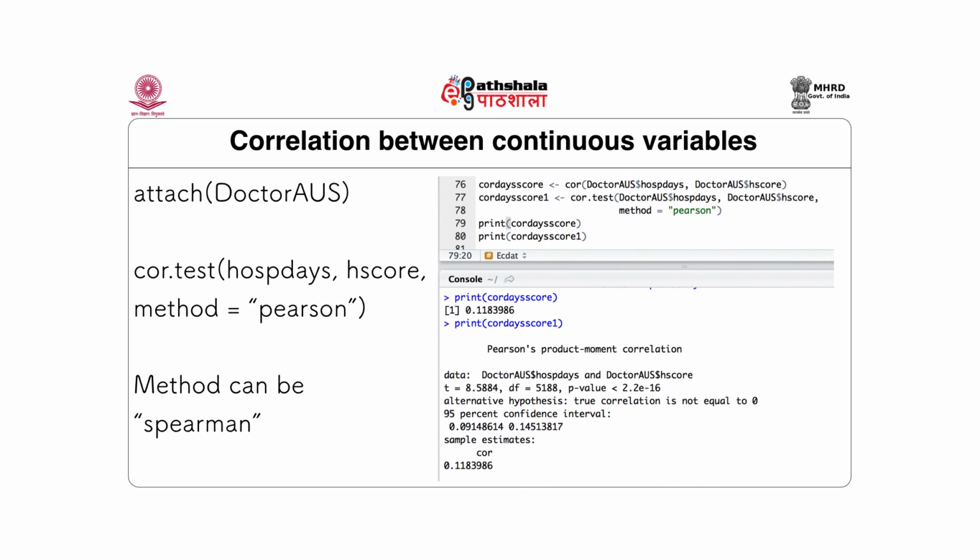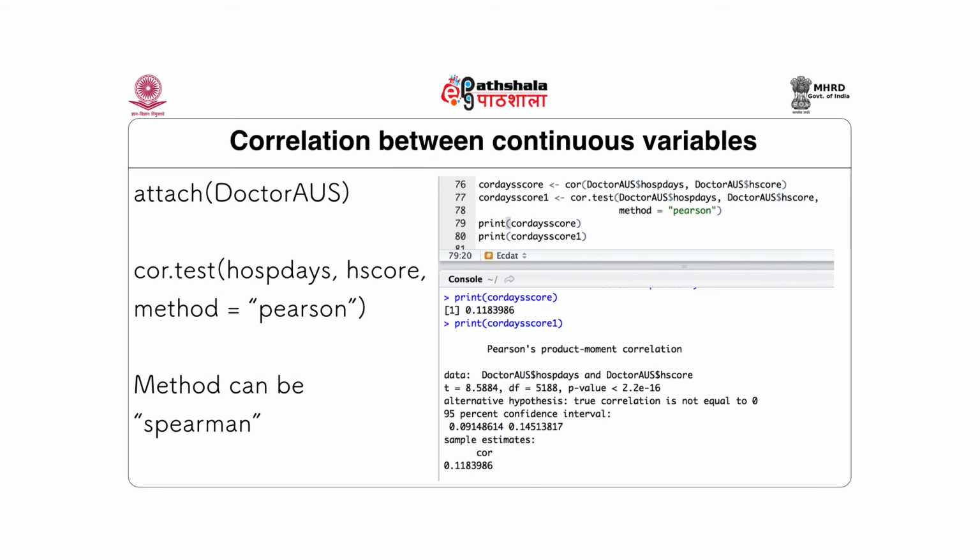So to start with, if we take a look at these two variables, hospital days, that is the number of days in which that particular person was hospitalized, and the health score, which was a continuously distributed score that was given to a person based on his or her response to how he or she felt, you can see that you can very easily conduct a correlation.